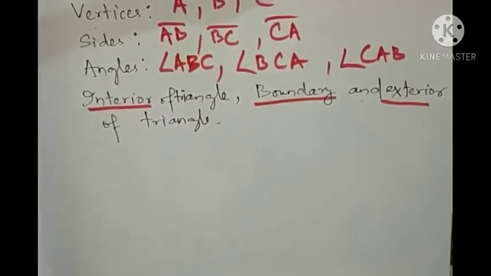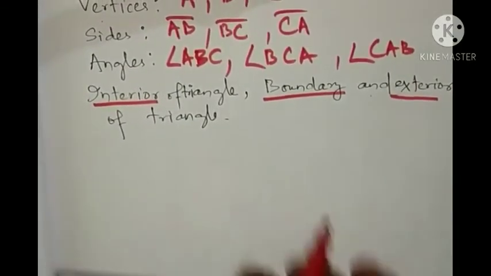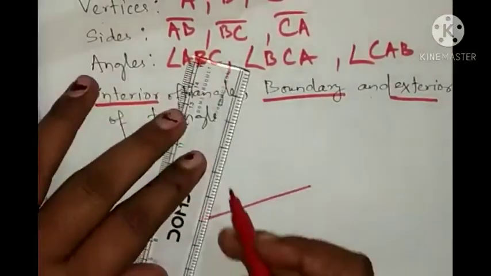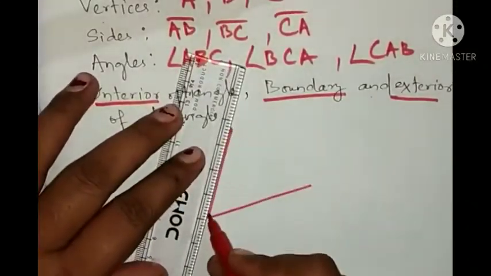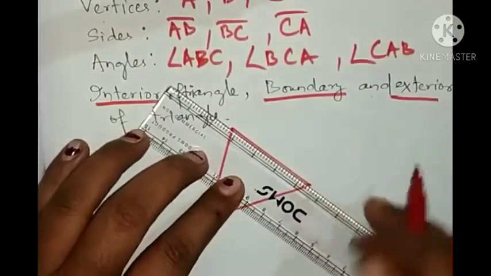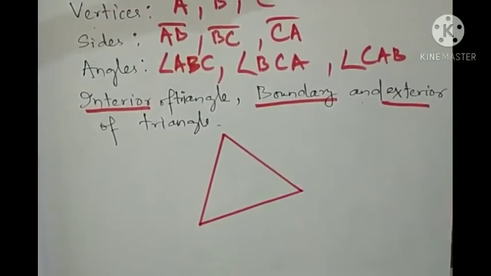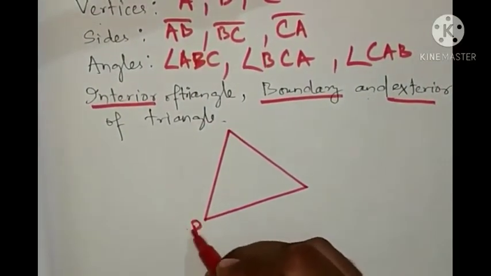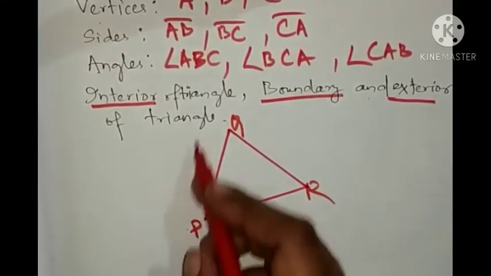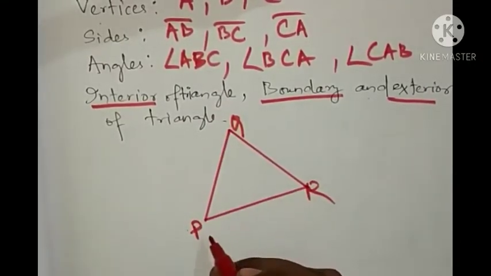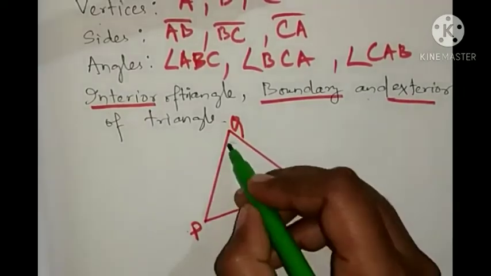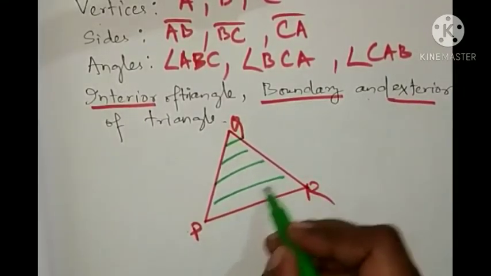First we will make a triangle. Triangle making is so easy; with the help of a scale you can make one. We'll name it PQR. The interior of the triangle is the inside portion of the triangle.